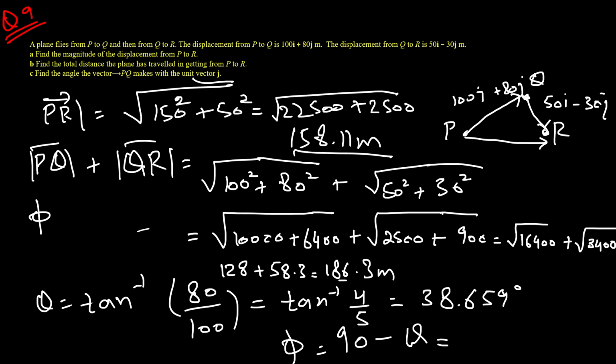We know that unit vector j represents the y-axis. So the angle this vector PQ makes with the unit vector j, or y-axis, is 90 minus theta, which is 51.34. That's the answer.